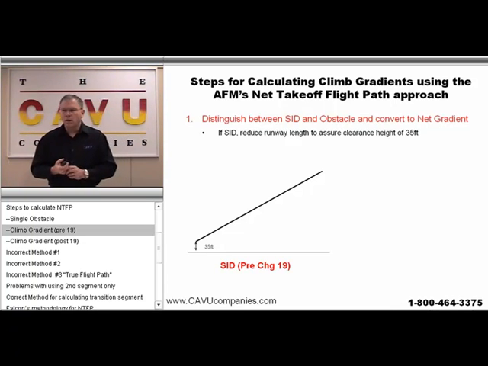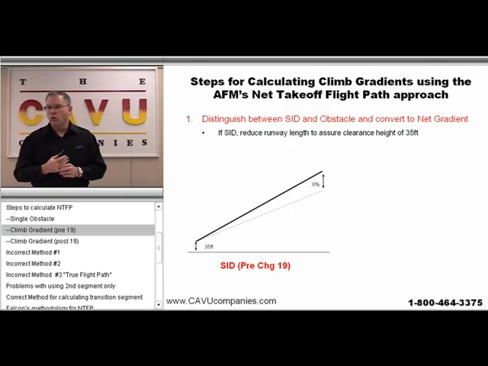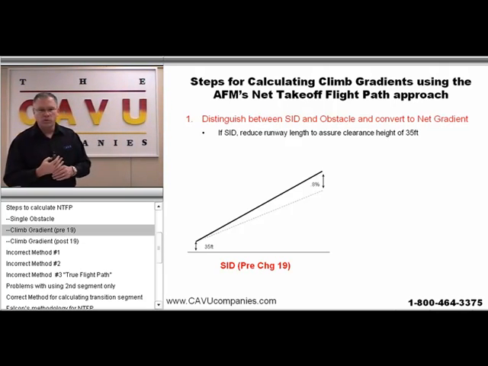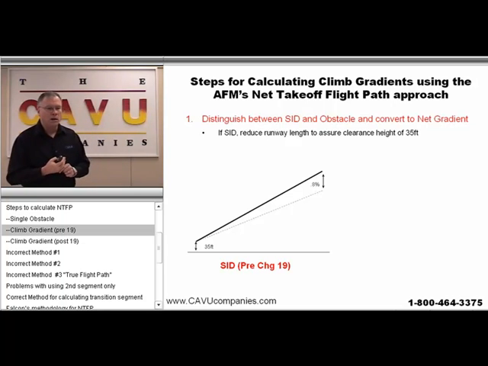Built into that classic pre-change 19 SID is a 0.8% gradient, or stated in terms of feet per nautical mile, 48 feet per nautical mile. 0.8% of roughly 6,000 feet in a mile gives you the 48 feet per nautical mile.